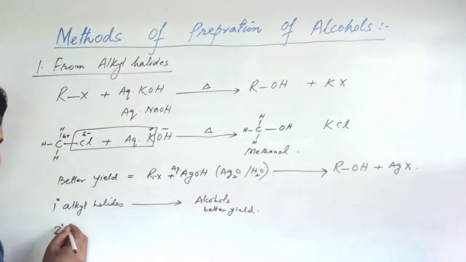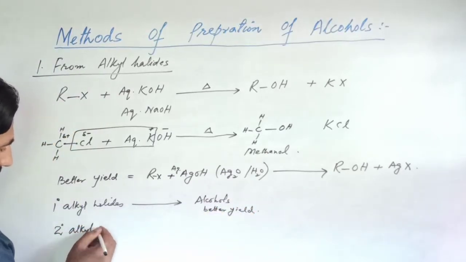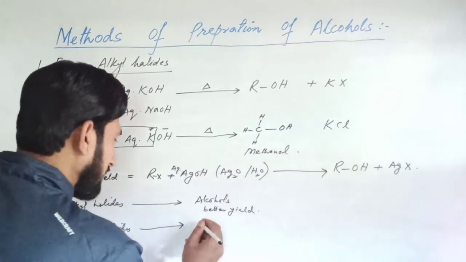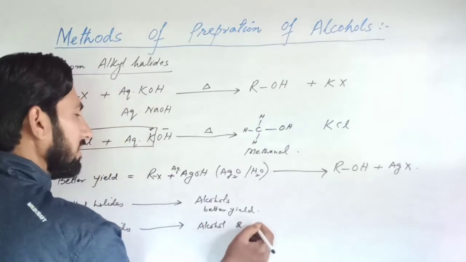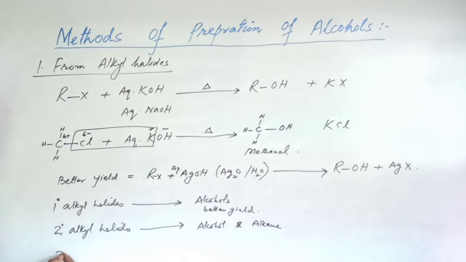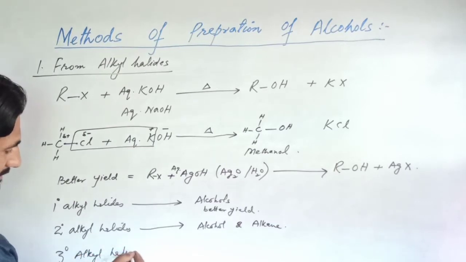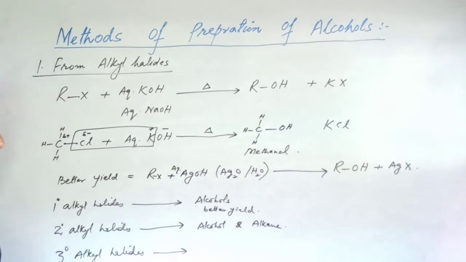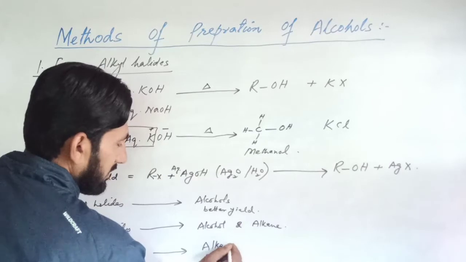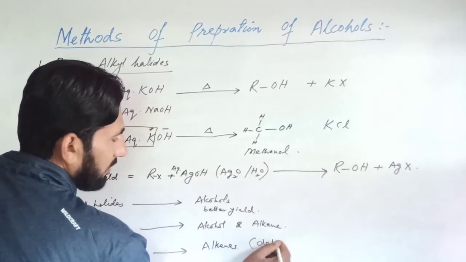Secondary alkyl halides give a mixture of alcohol and alkene, whereas tertiary alkyl halides give alkene only due to dehydrohalogenation.